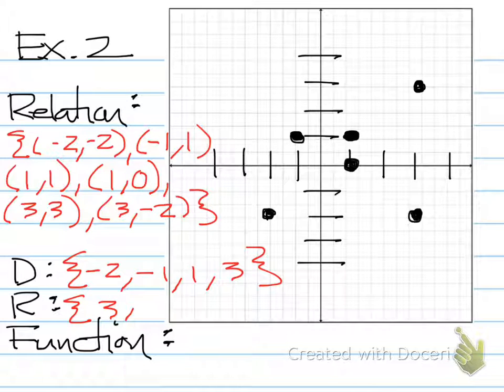And then for the range, we're going to write down all the y coordinates. Back up, we should be putting these in order from least to greatest, so that should be -3.